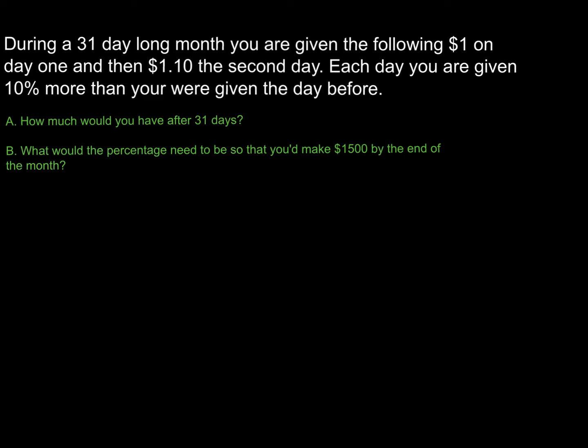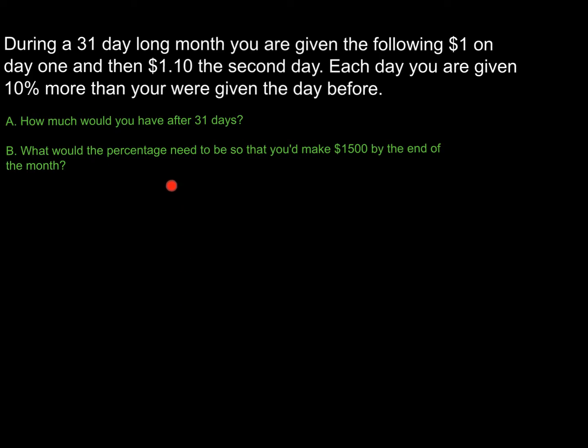Each day you are given 10% more than you were given the day before. Part A, how much would you have after 31 days? And then Part B, what would the percentage need to be so that you'd make $1,500 by the end of the month?